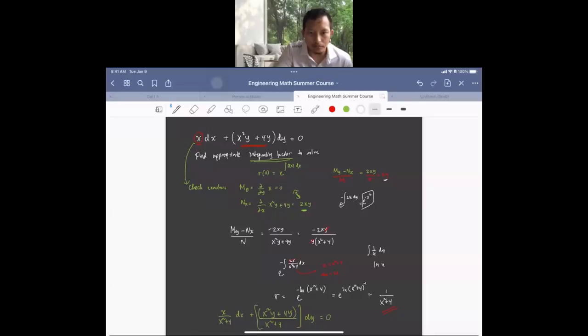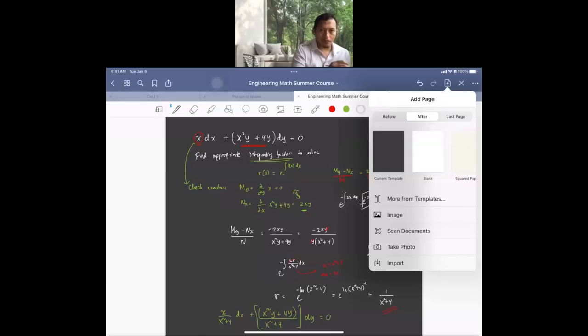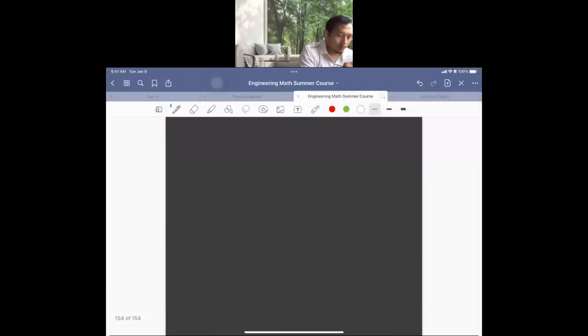I think another note that I want to make sure is another note that we have, if we have this autonomous equation.